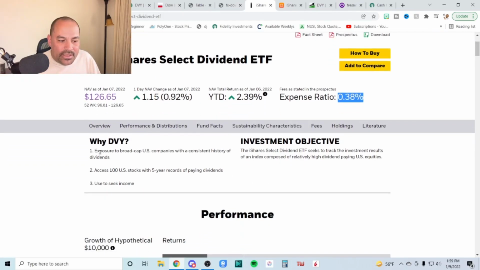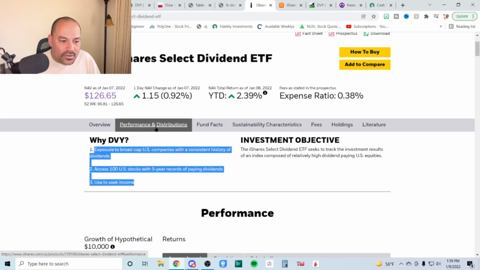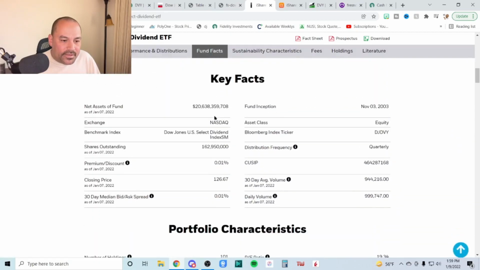So why DVY? Exposure to broad cap U.S. companies with a consistent history of dividends, access 100 stocks with 5-year records of paying dividends, and used to seek income. Looking at the fun facts real quick. Does pay quarterly. Has $20 billion in assets under management.